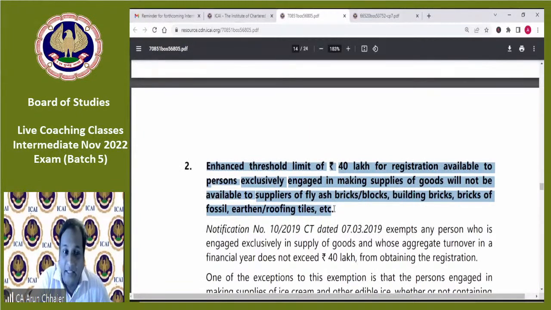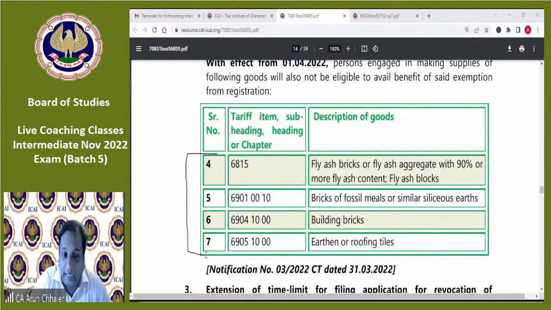In that list, the following line item is added: fly ash bricks, bricks of fossil meal or similar earth, building bricks, earthen or roofing tiles. These items have been added in the list. Which list? Pan masala, tobacco, ice cream, which are not eligible for the enhanced limit, which is 40 lakhs. I hope this part is clear.